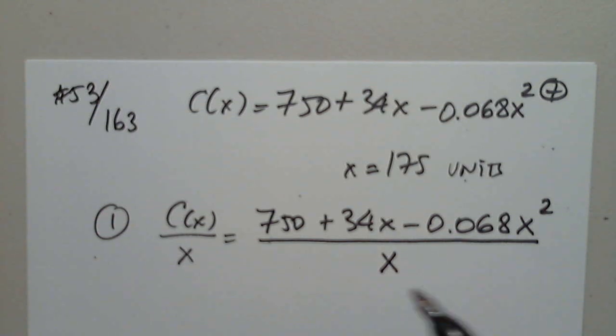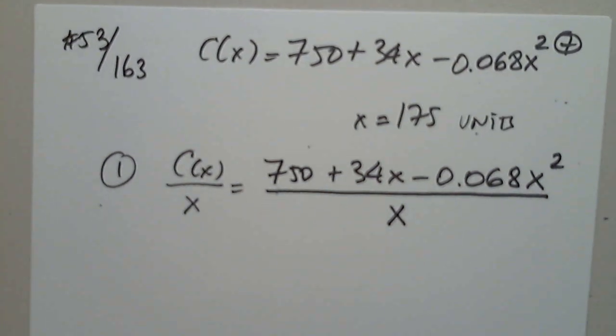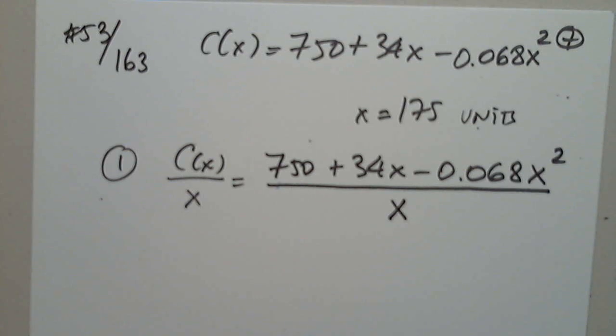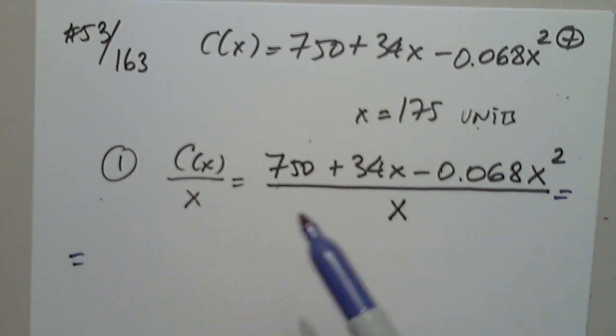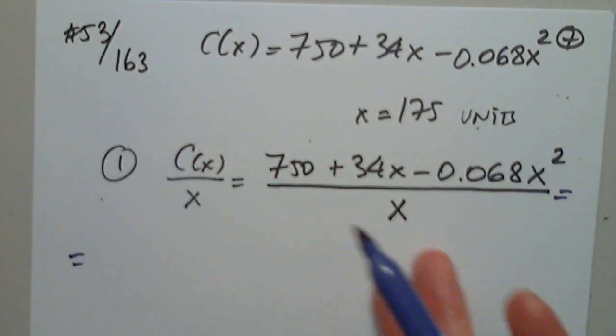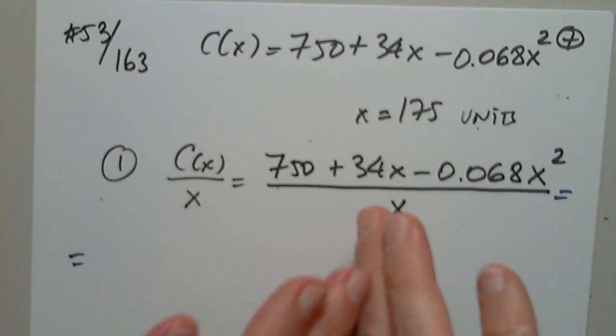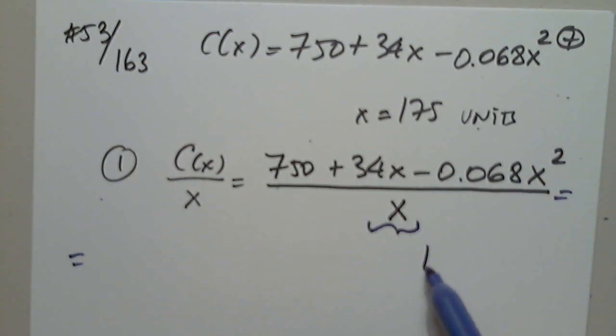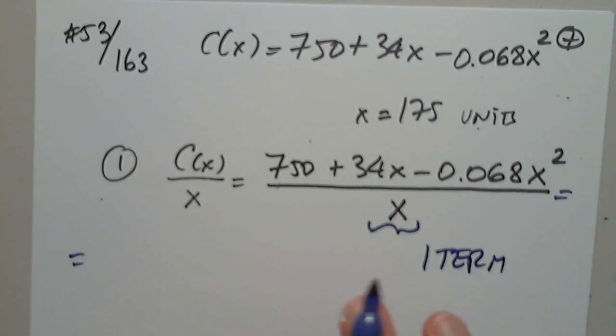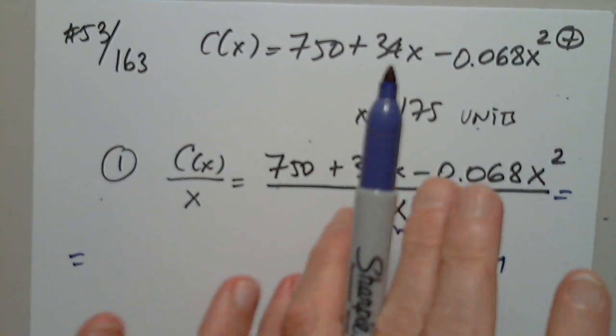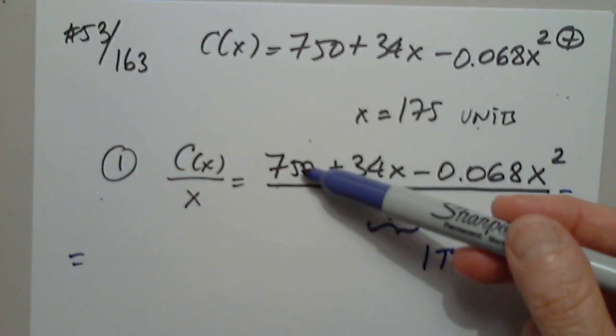You cannot simplify, and I've seen this in your last homework. Someone simplified x with x, or x from here with x. You cannot do that, please. That has to be very clear to you. You cannot simplify unless you factor out and then simplify. But what we can do when the denominator is one term, not more than one, is separate the function into three fractions.